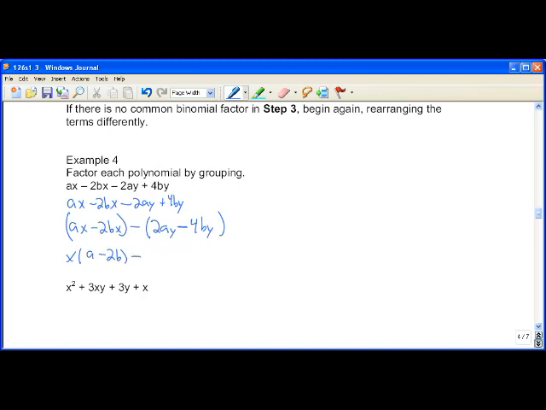What can we take out of the second pair? 2y. Good. A minus 2b. Now, notice we have a repeated factor. A minus 2b, a minus 2b. So we can factor that out now. A minus 2b. If that's out, what's left?